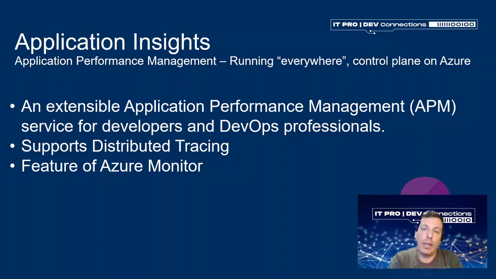All the major languages are supported, and there's an SDK that you can use in your code to actually use Application Insights. And of course, the control plane of that is on Azure. You can have different Application Insights instances for different applications of yours, where you can see the actual telemetry that is being collected from your application.